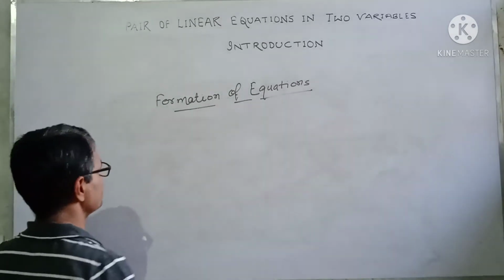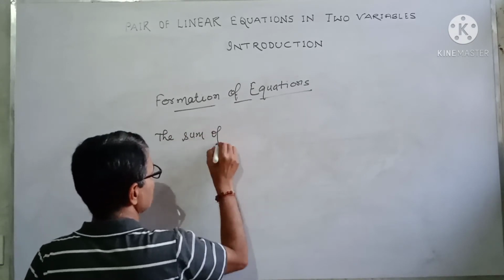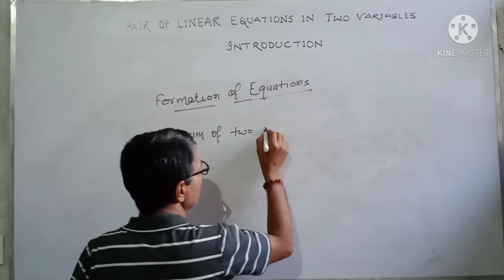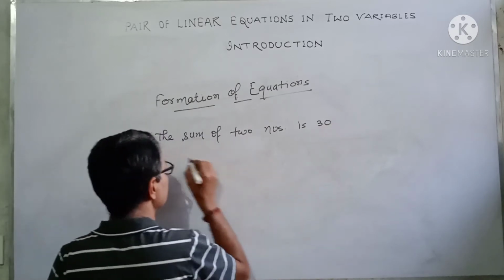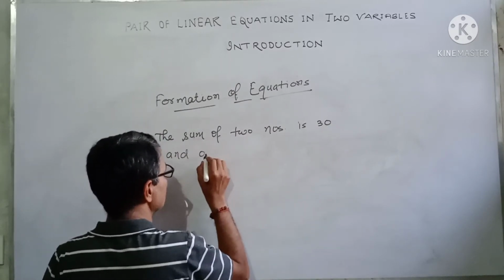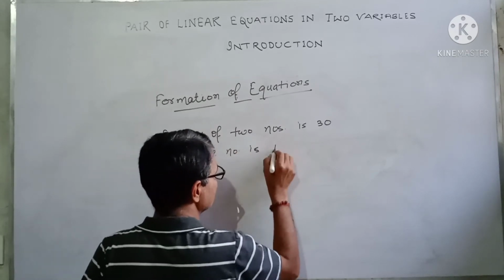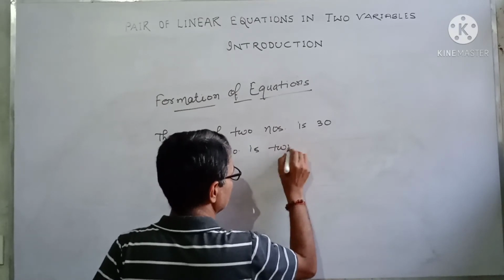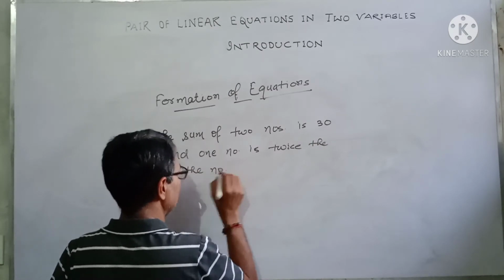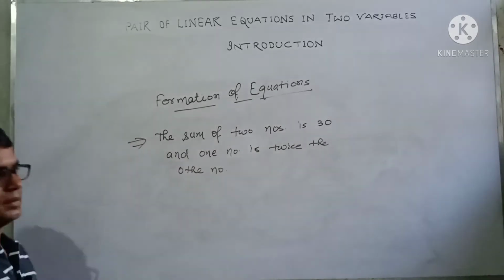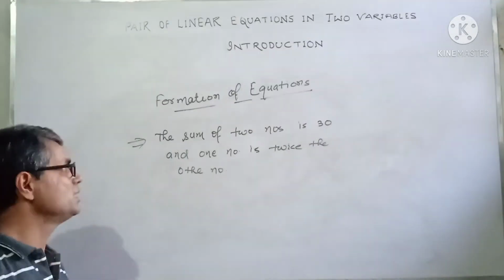Suppose that the sum of two numbers is 30 and one number is twice the other. We have to form a pair of linear equations in two variables.